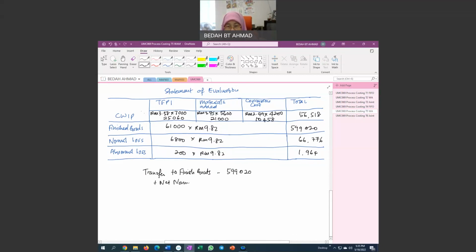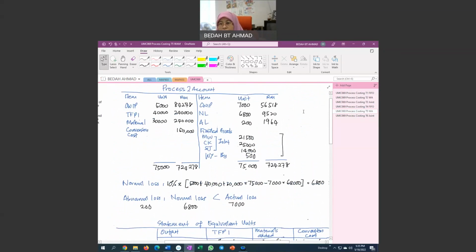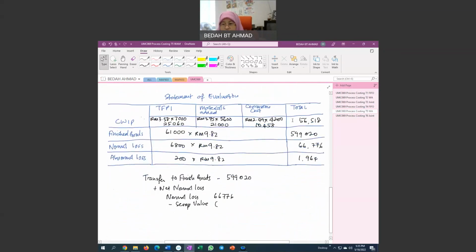Net normal loss is the normal loss minus the scrap value. So the normal loss is 66,776. The scrap value is from the process account. The scrap value is 9520.